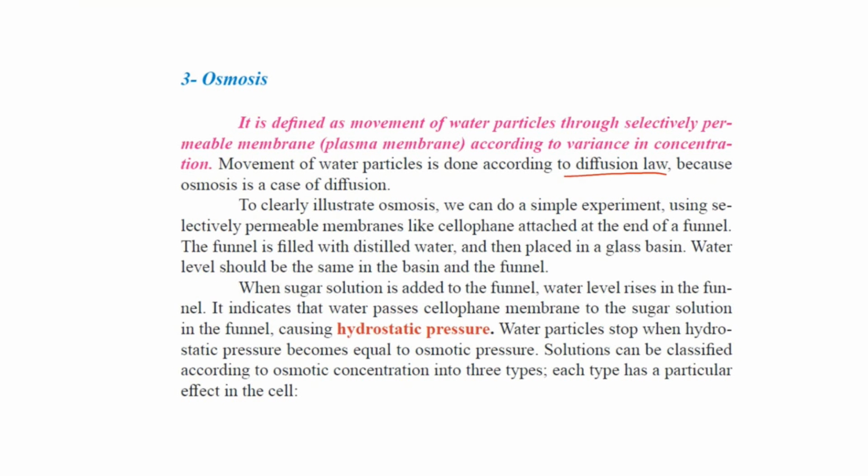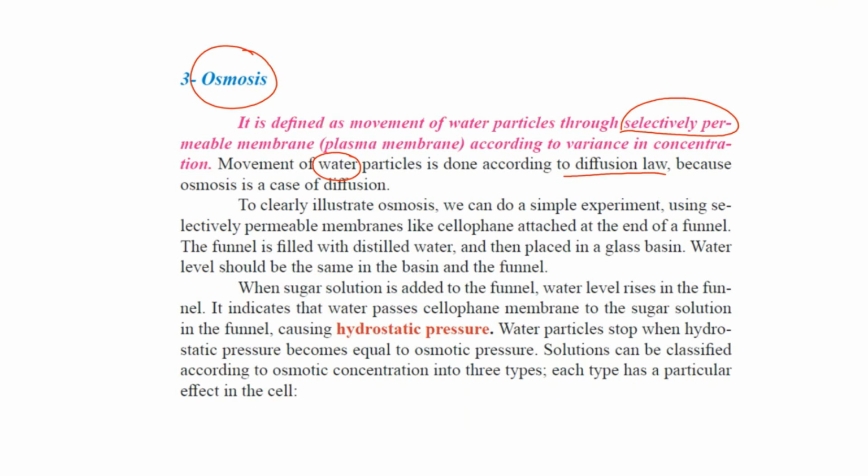In diffusion, we have seen that materials, particles or ions move from high concentrated medium to low. But for osmosis, the material which moves from high concentration to low has to be water, and it needs to pass through a selectively permeable membrane.